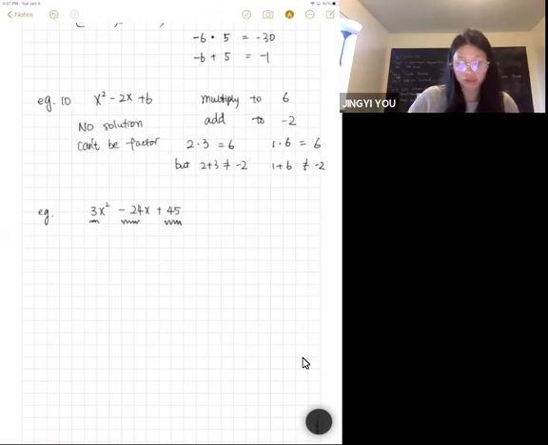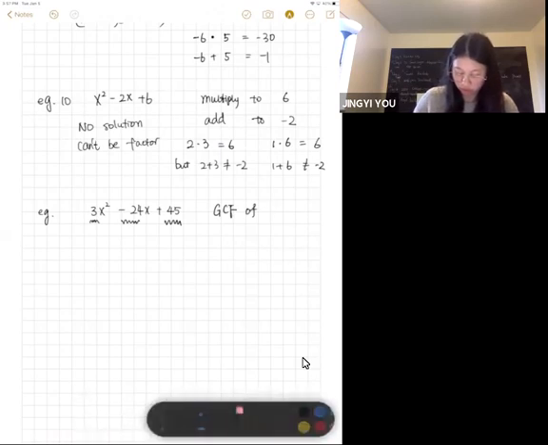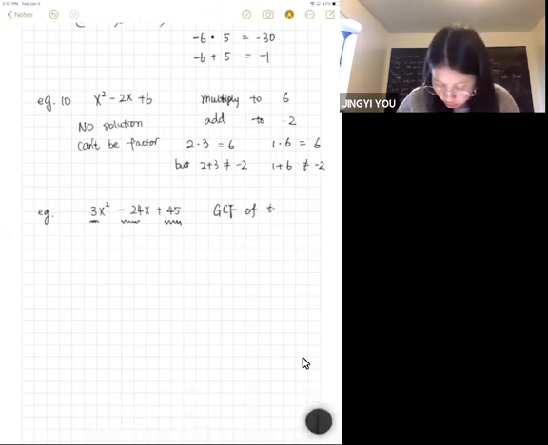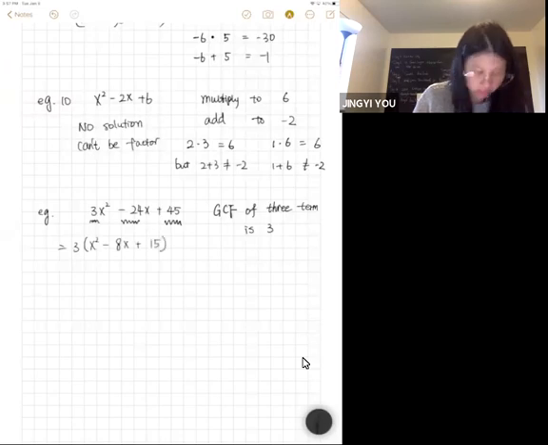So that means we can factor them out. The greatest common factor of all 3 terms is 3. So that means I can factor out 3, leaving x squared minus 8x plus 15.